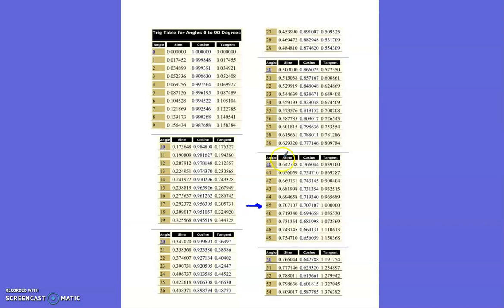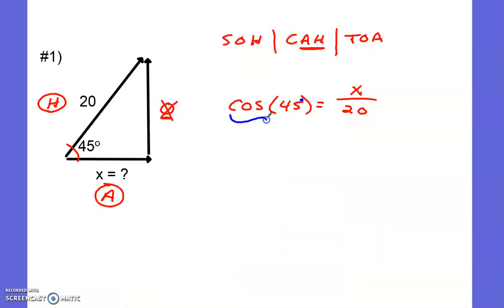Then it tells us what the sine, cosine, and tangent of 45 degrees is. Now we want the cosine, and so here is our number, 0.707107. Now we're just going to round that off to 3 numbers. So again, this represents 0.707.